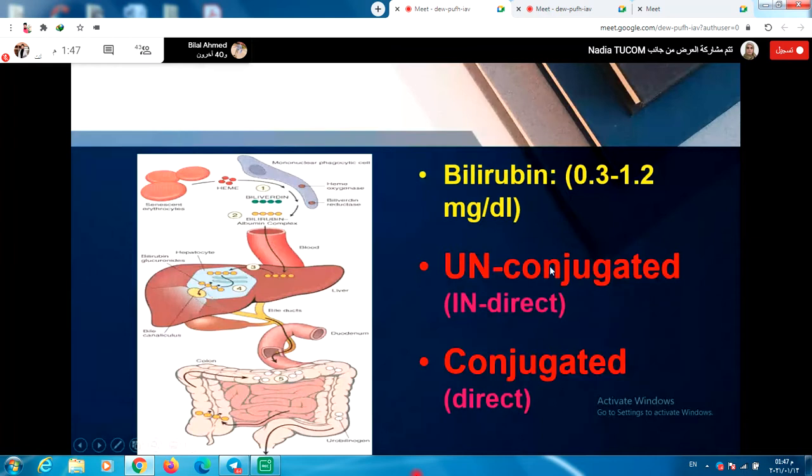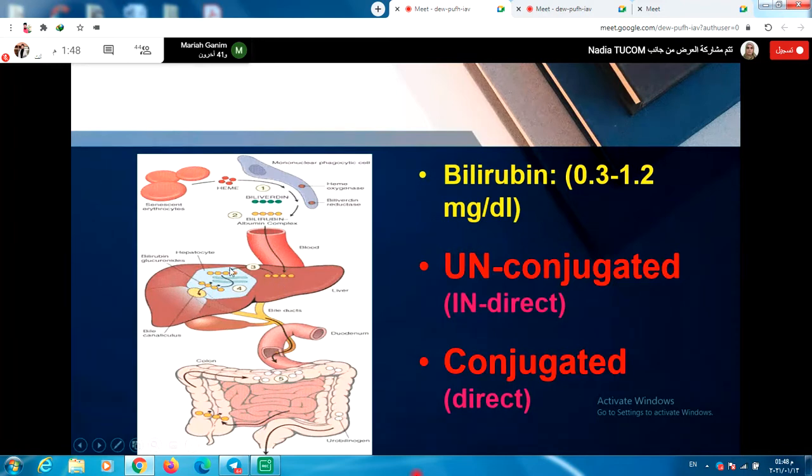There are two types: unconjugated, that is the indirect fat soluble, and the conjugated, that is the direct bilirubin. The bilirubin is the end product of senescent erythrocytes with production of heme, biliverdin, and bilirubin, which will be combined to albumin, that is the fat water insoluble, and in the liver it will be conjugated.